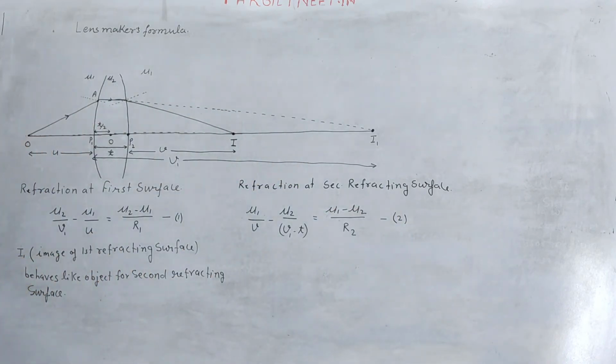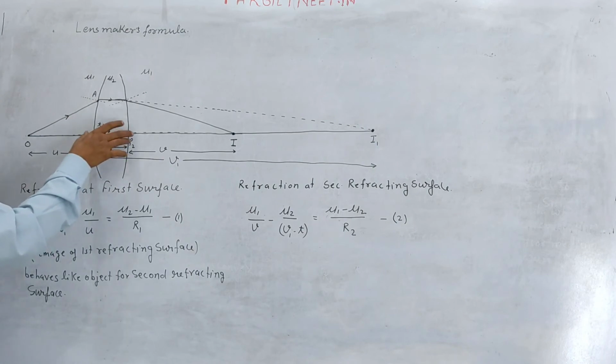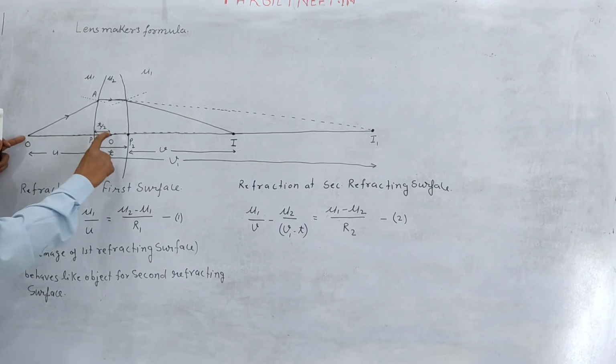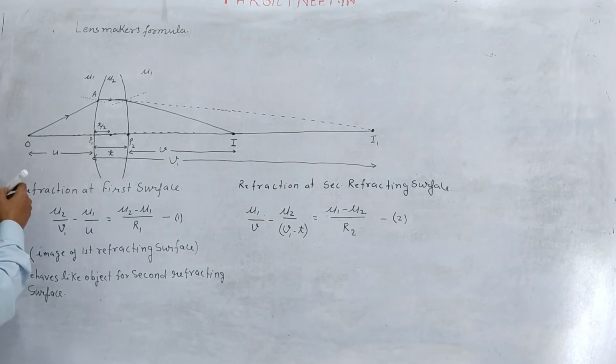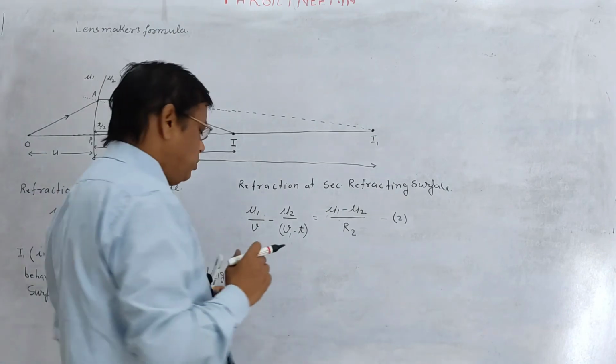Now if the lens is thin, then P1, P2 and O all will be very near to each other. So for thin lenses, the distance P1O is also equal to, let it be C, the distance CO. So these approximations we have to consider.